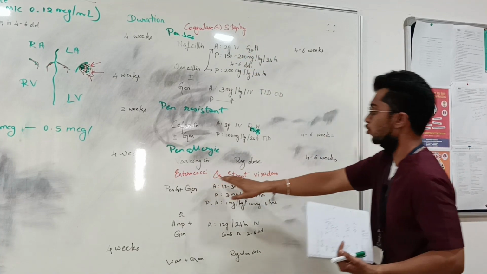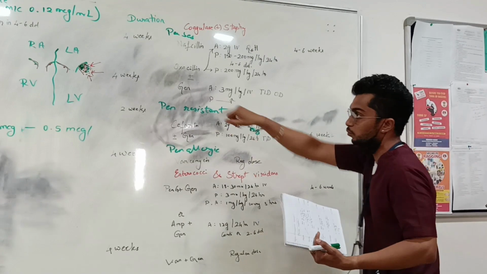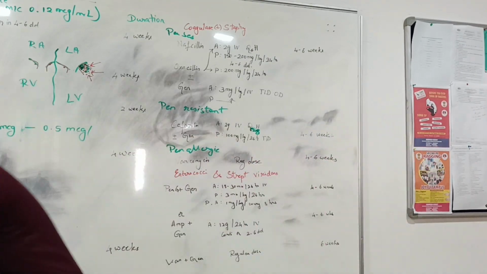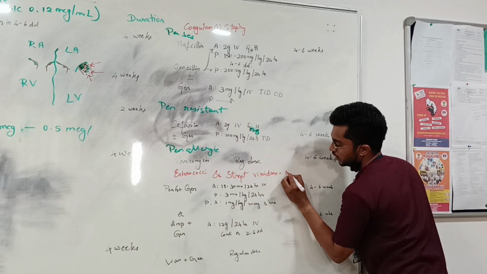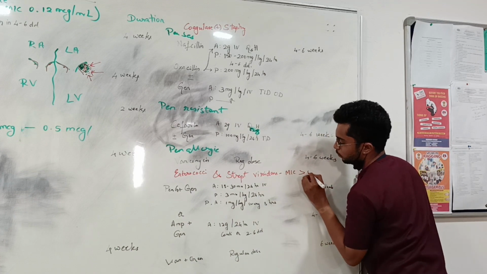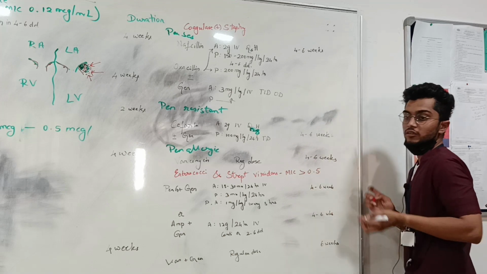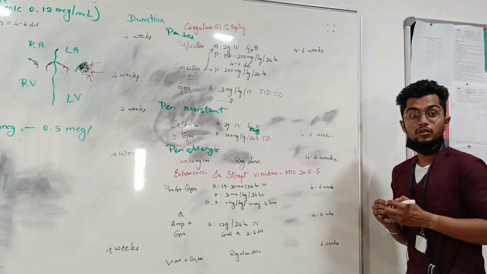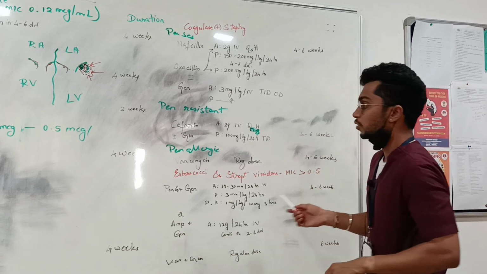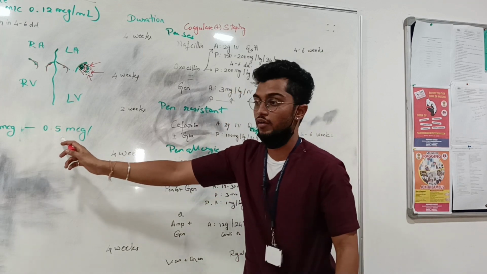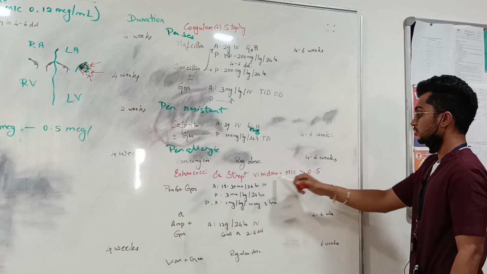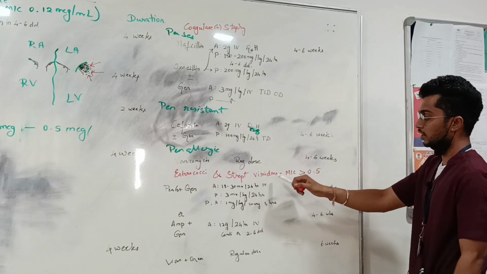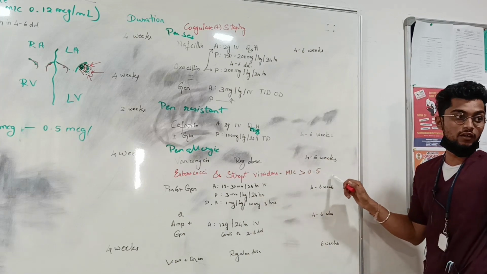Then we have enterococci and streptoviridans. Why did I write streptoviridans again? The reason being that this streptoviridans species has a MIC more than 0.5. Here we had a MIC of around 0.1 to 0.5, but here the patient has a streptococcal viridans with MIC more than 0.5 mcg.